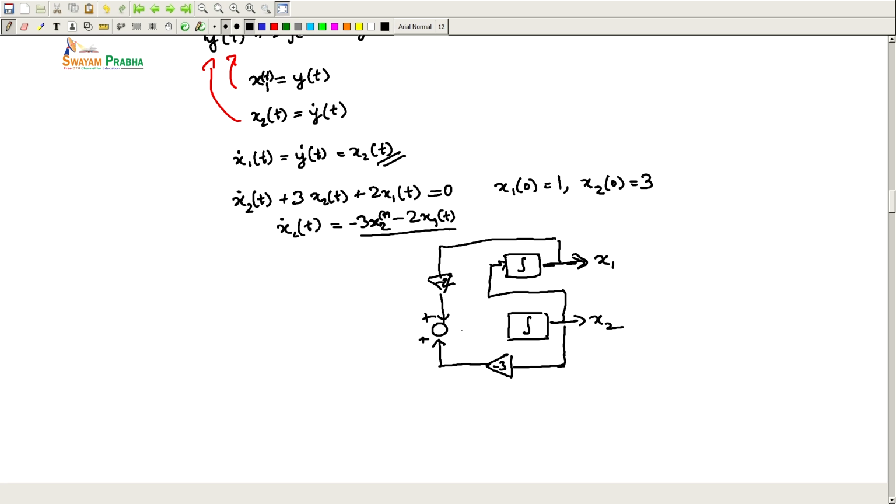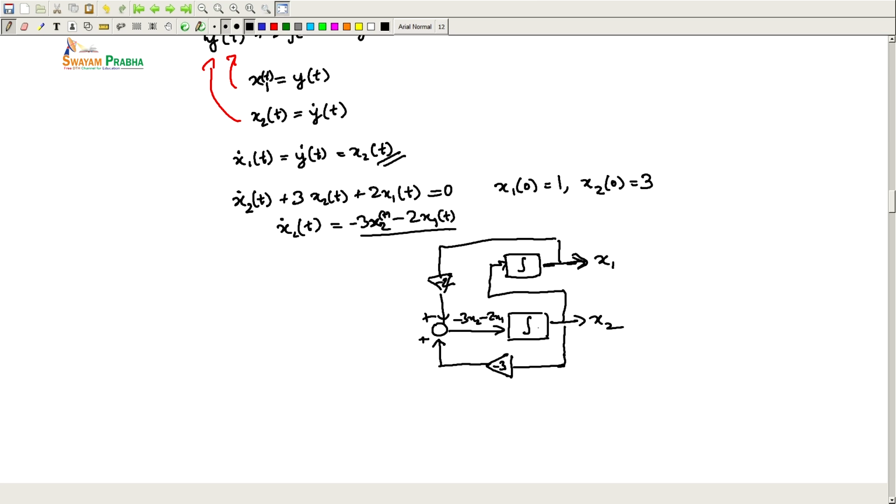We will add them up, and here we will get minus 3 x2 minus 2 x1, and this will be integrated to give us x2. Now, these initial conditions will be embedded within these integration blocks.